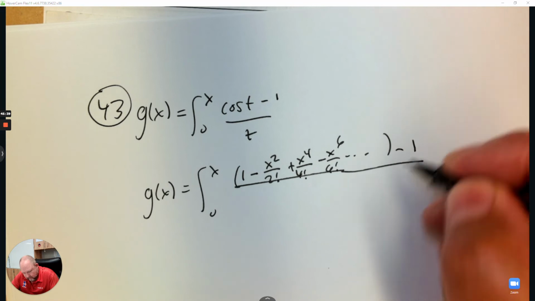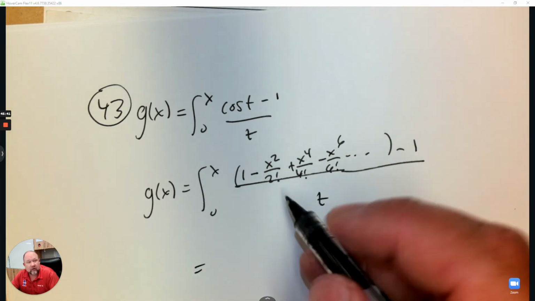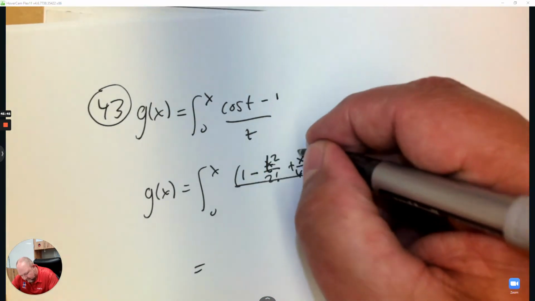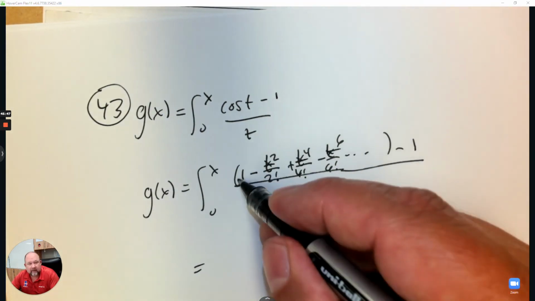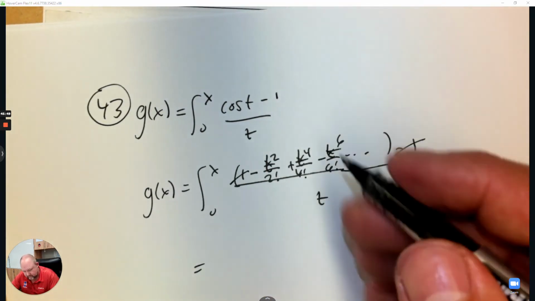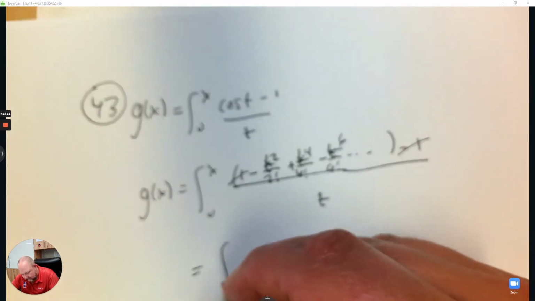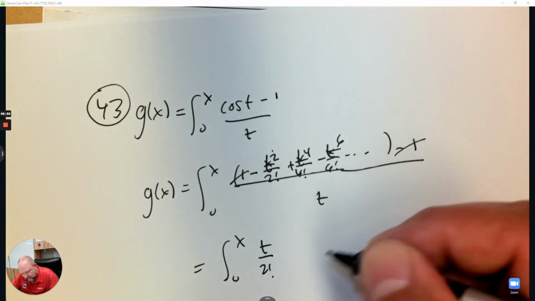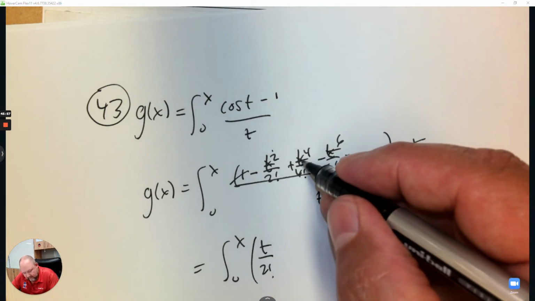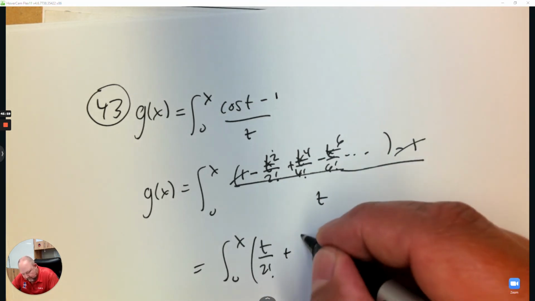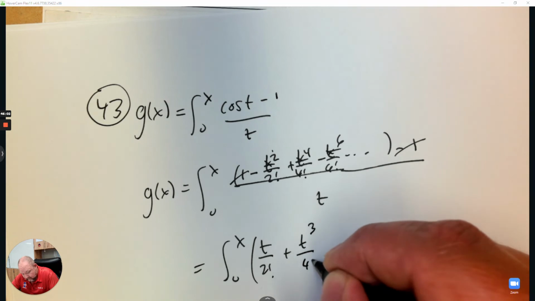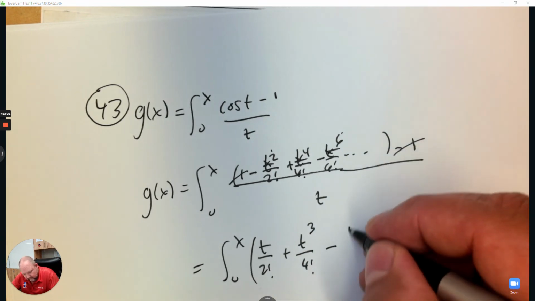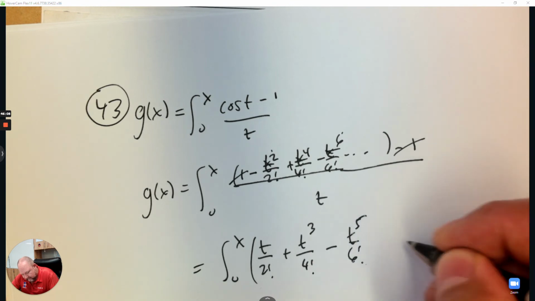And then subtract 1 divided by t. Notice 1 subtract 1, they're gone, and this should be a t. So 1 subtract 1 are gone. And then divide. So t squared divided by t leaves me with t over that. And then t to the 4th, that leaves me with t to the 3 over that. And then divide the t's, that's t to the 5th over that, and so on.